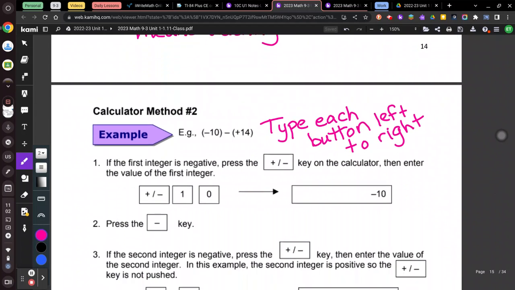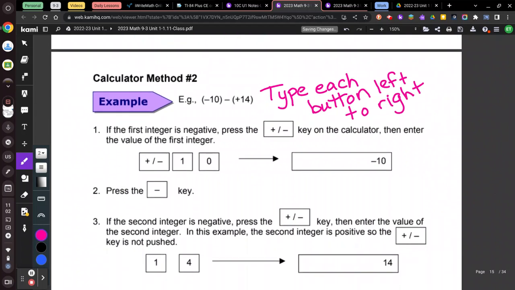So in my calculator on this one, I would type bracket -10, subtract 14. If it's positive, you don't need to put the plus sign. But if you wanted to, you could. You could put plus 14, that's fine, equals.